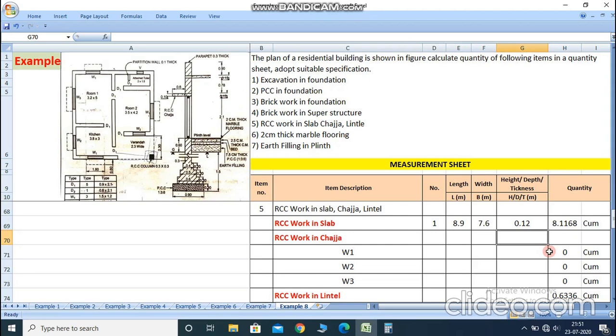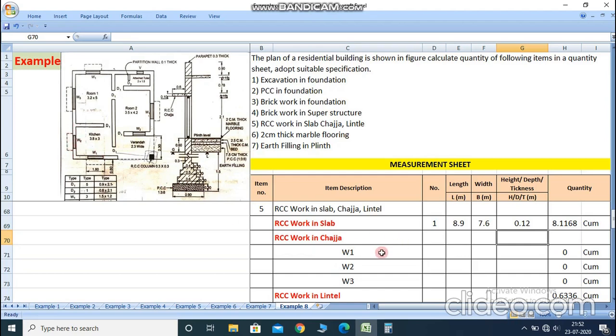Then the RCC work in chhajja. Here three types of windows are provided, W1, W2 and W3. The dotted line shows the chhajja part. Here the lintel length is the same as the chhajja length.